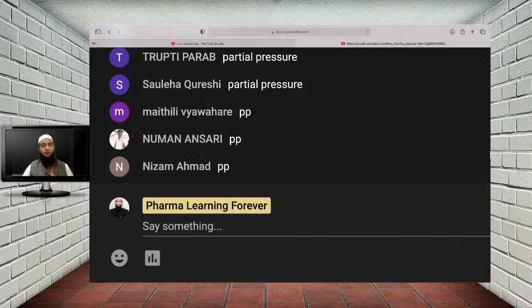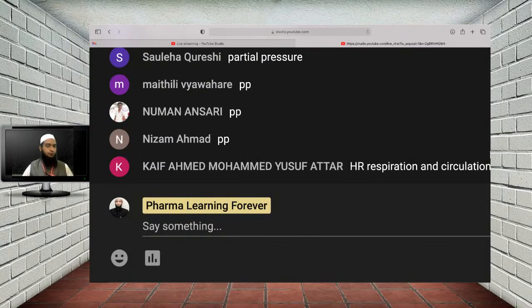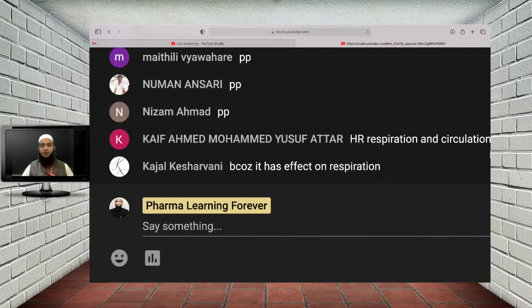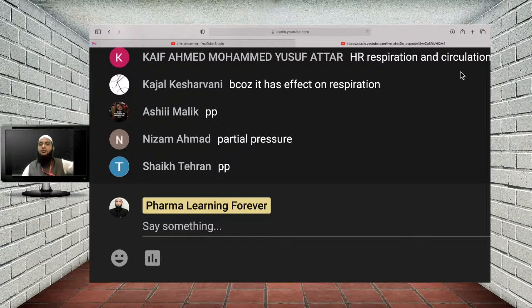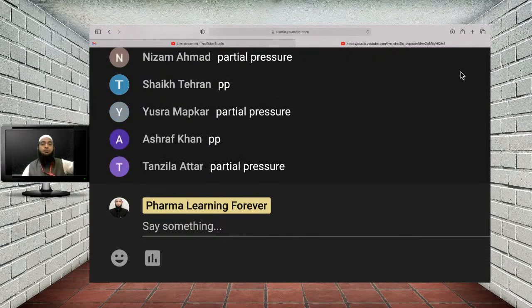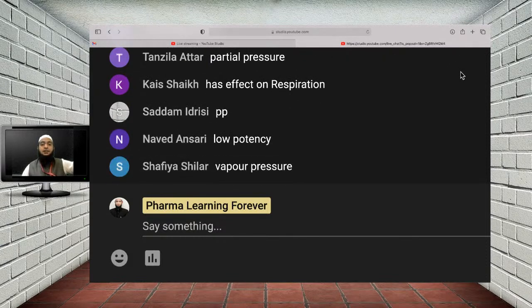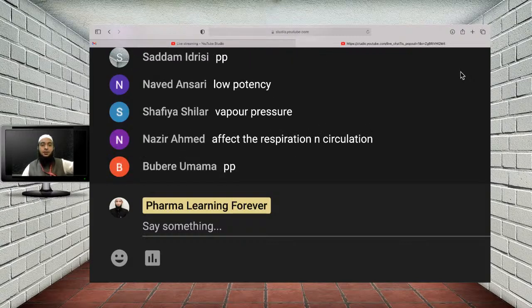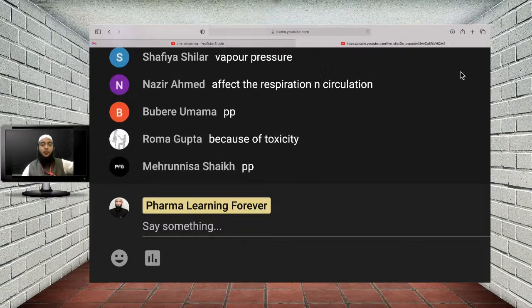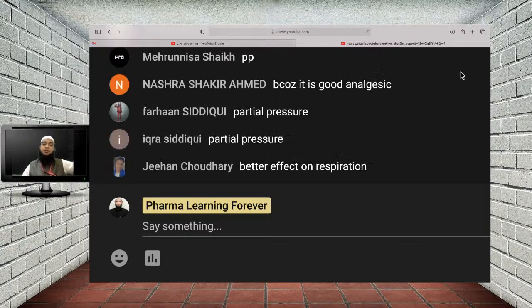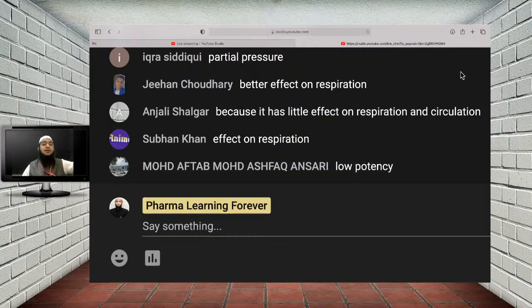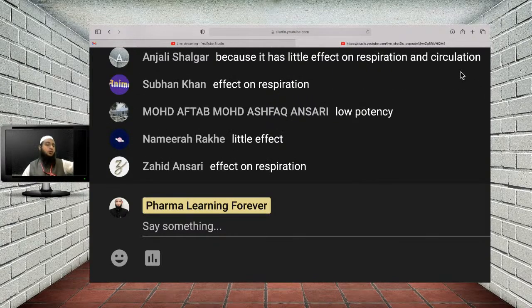Yes, I'm waiting for your answer. Kaif has given an answer; he has mentioned that heart rate, respiration and circulation are affected. Very good, Kaif. It has an effect on respiration. Okay, so there are two important reasons. First, it affects the respiratory system. Second, it affects the blood circulation.